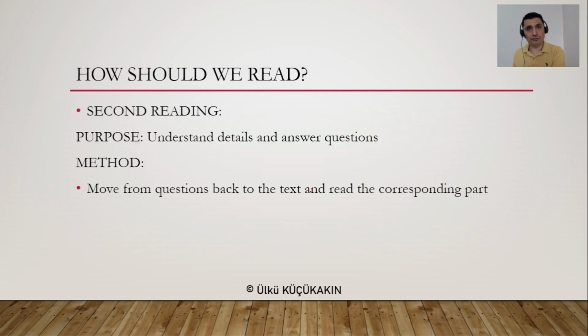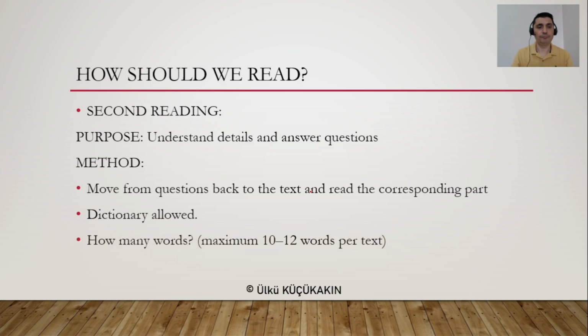So you read the question, you understand the question in detail, and then go back to the text and read that part in detail. All right? And at this point, now dictionary is allowed. You can use a dictionary at this point.